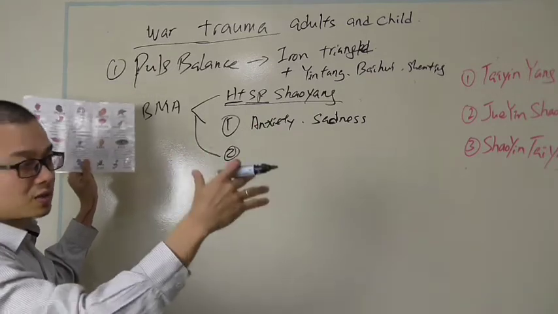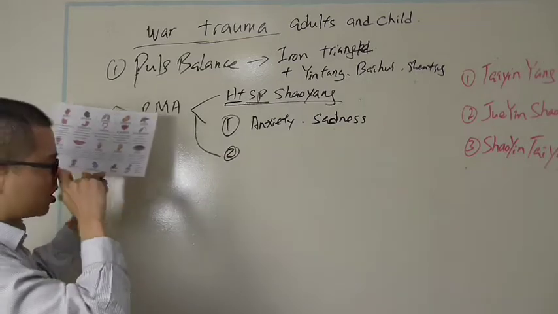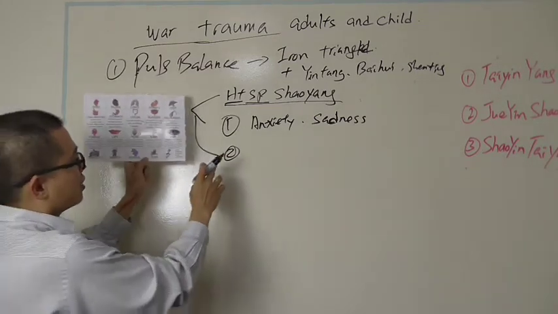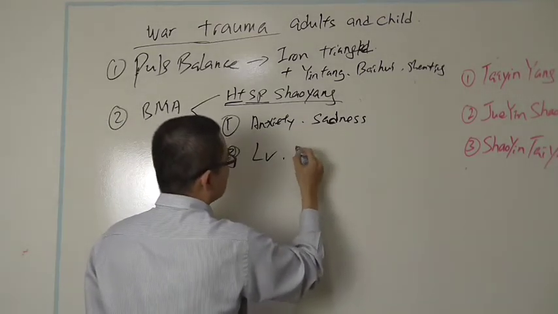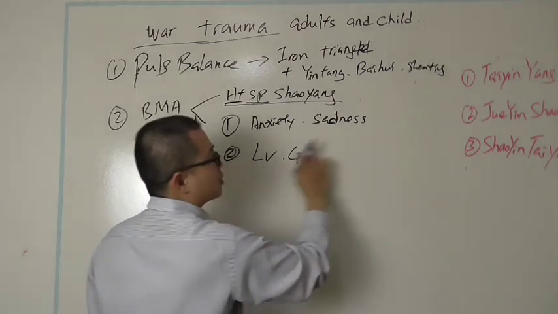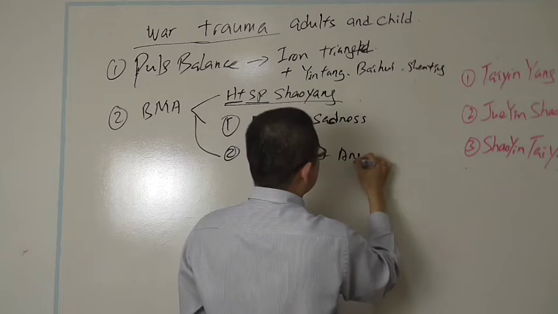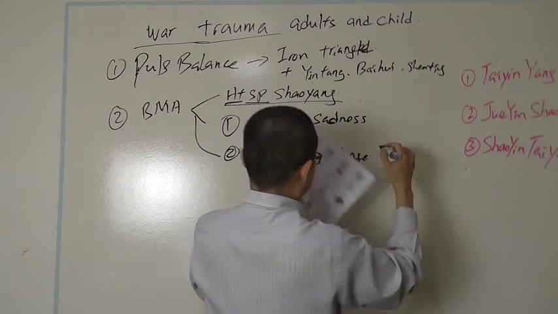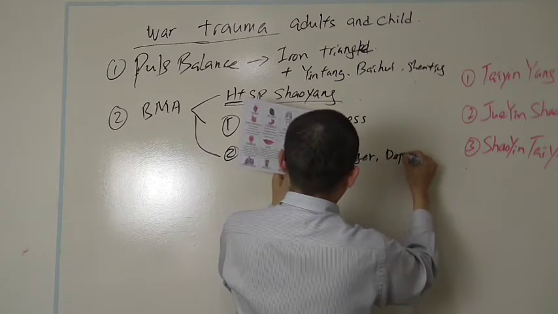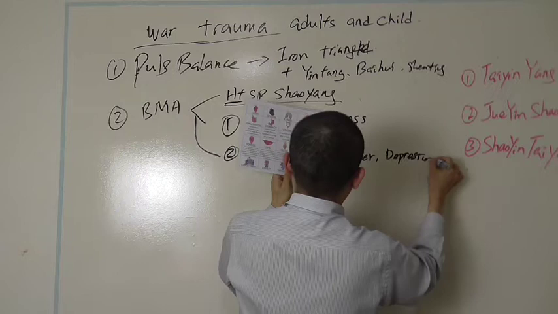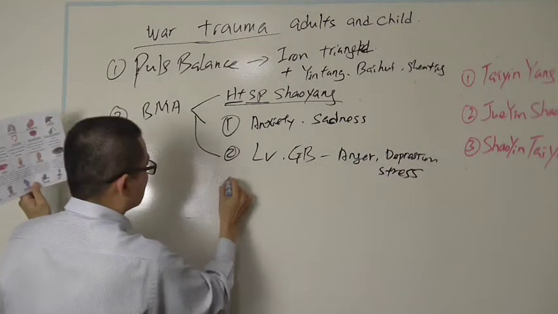No, we still need 辩证, right? And depending on how they present the conditions. Now, if it is related to liver and gallbladder, then you use 厥阴少阳, right? It could be anger, it could be depression, stress.